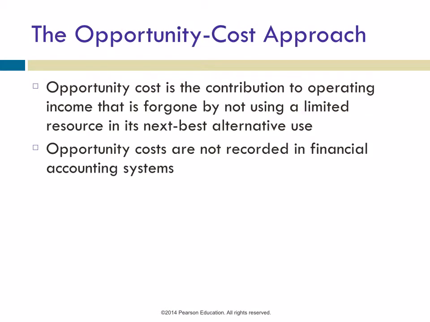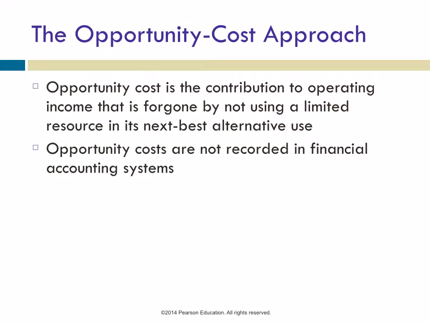Under the opportunity cost approach, you're basically looking at the contribution to operating income that you're losing by not investing whatever money or resource you are using for one project. By using it for the one project, you're not able to use it to, say, invest in treasury bonds or whatever the case may be.